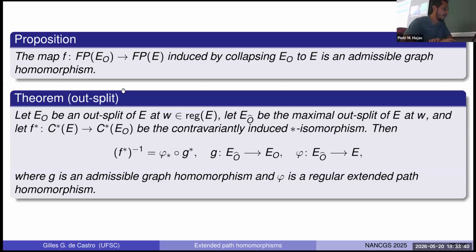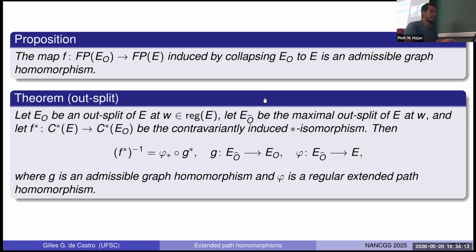The idea is that if you look at the outsplit which is not maximal, we can decompose the inverse using, first of all, this graph homomorphism. When we're collapsing from E_O to E, we could actually collapse to a smaller outsplit; I think we call it a refinement if you go in the other direction.